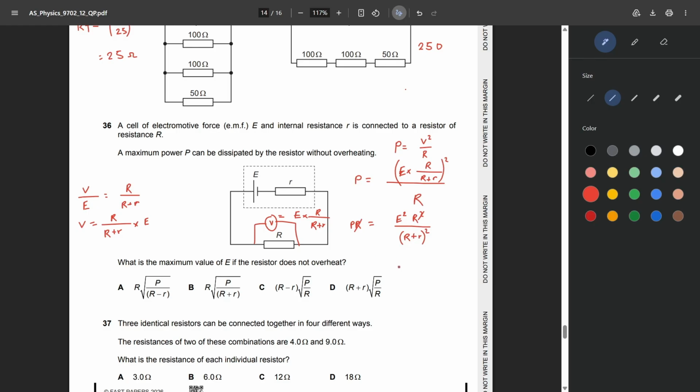Making E the subject and rearranging this equation gives us E equals the square root of P over R times R plus r. This right here is option D.